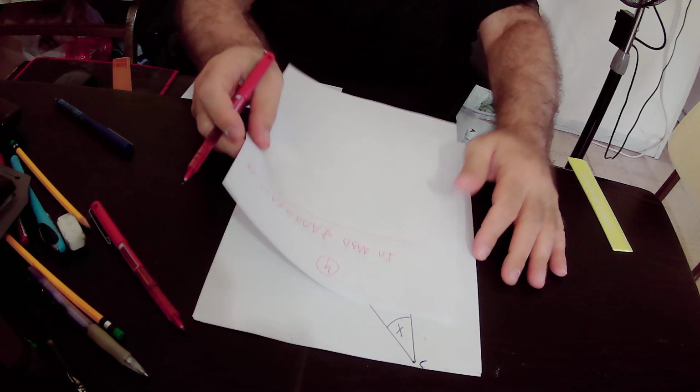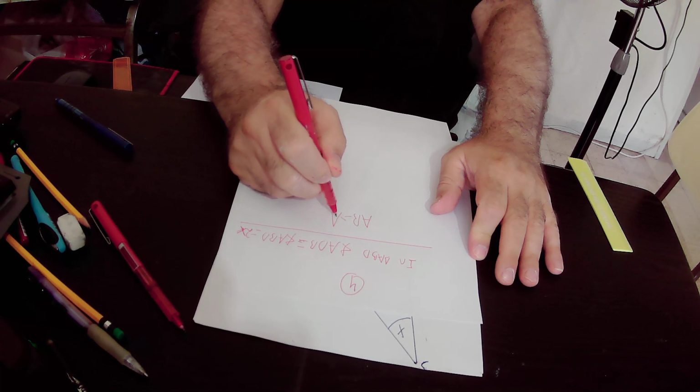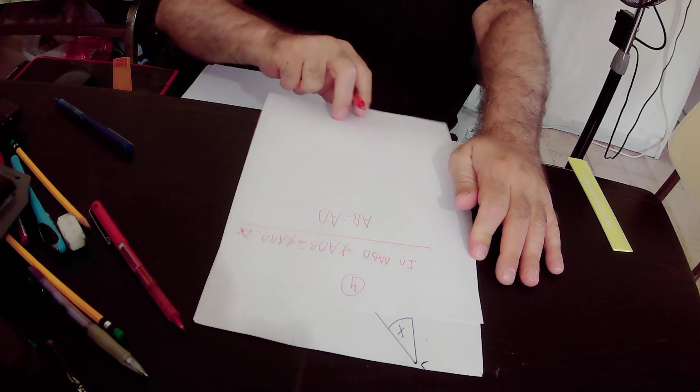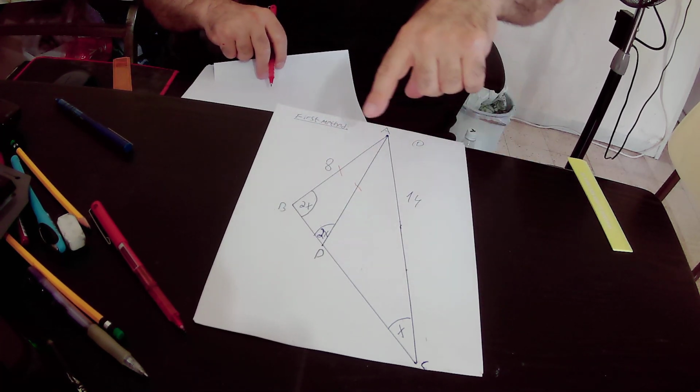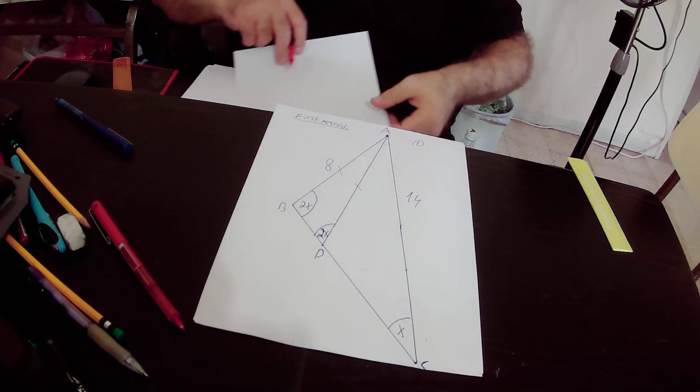According to rule number 1, AB equals AD, but we know that AB equals 8 units. It is given in the question.